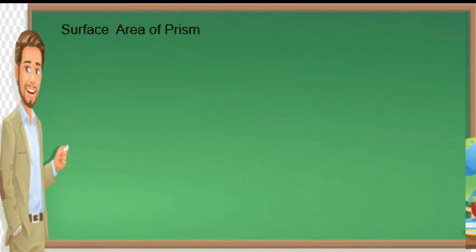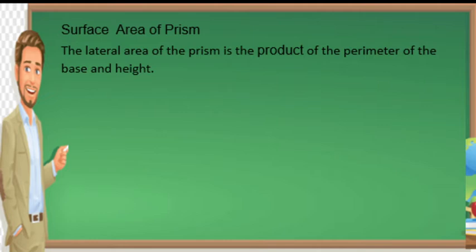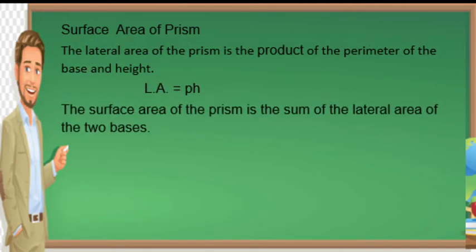Okay, again, the lateral area of the prism is the product of the perimeter of the base and the height. So lateral area is equal to PH, the perimeter multiplied by the height. And the surface area of the prism is the sum of the lateral area and the two bases.